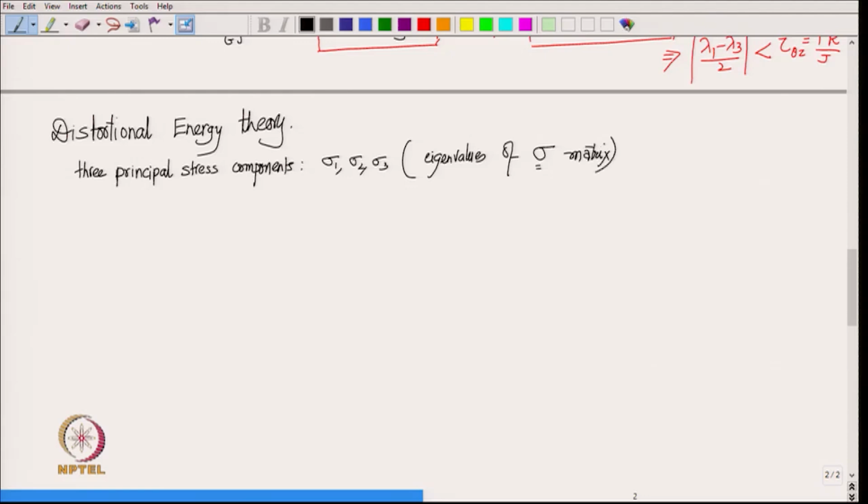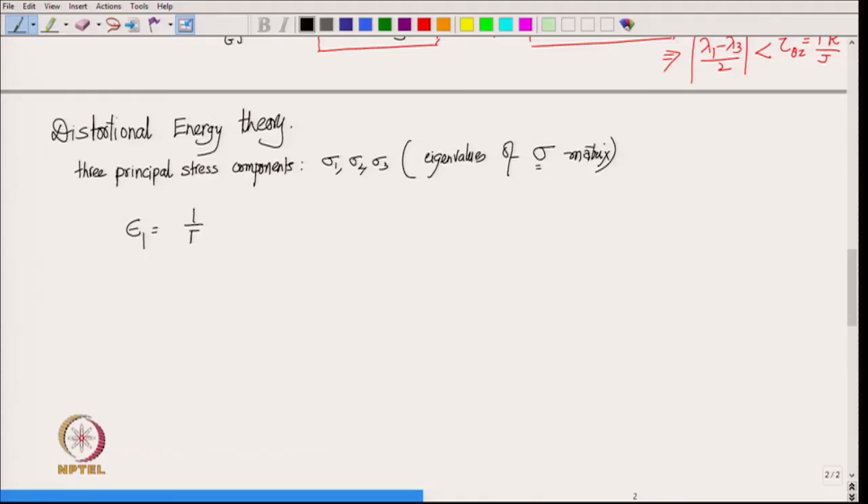So, what will be then the strains if we know stress sigma 1, sigma 2, sigma 3, then in the coordinate system of principal stress, what will the strain matrix look like? Since it does not have any shear stress, there will not be any shear strain also, because shear stress and shear strain are proportionally related to each other.